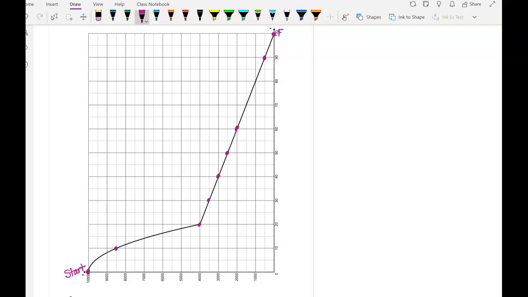And that is my end. And we were told to list the starting and the ending and any points where you felt the graph made a significant change.